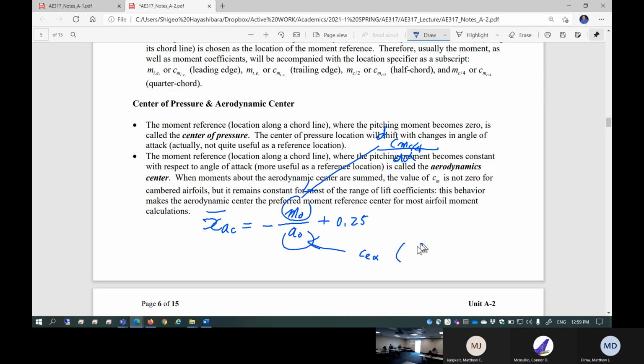CL alpha is essentially dCL d alpha. Okay, so you take the ratio between them and add a 0.25. Okay, so suppose, so this is C_M quarter chord, d C_M quarter chord d alpha. This is how much change C_M quarter chord happens with respect to alpha.